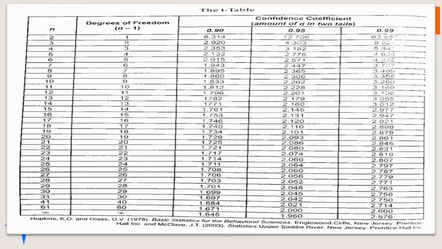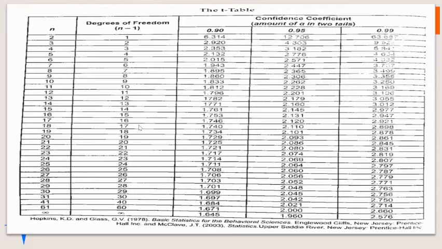So for example, n is equal to 20. The 0.05, or 95% confidence interval when your standard deviation is known is mean plus or minus 1.96 multiplied by your standard deviation over the square root of n.